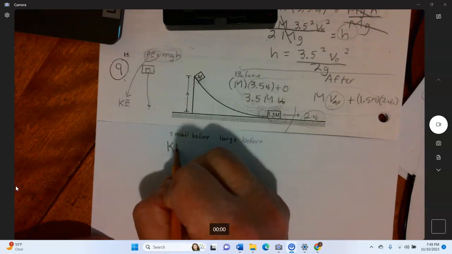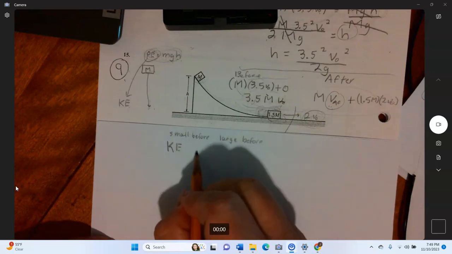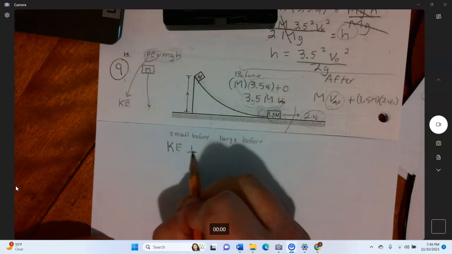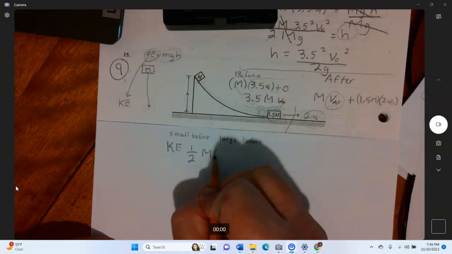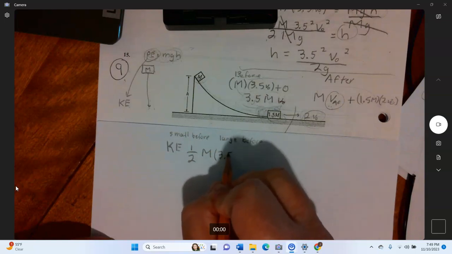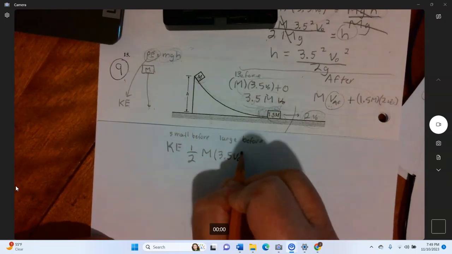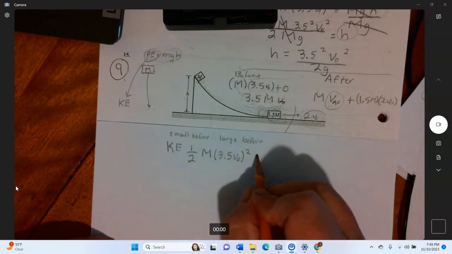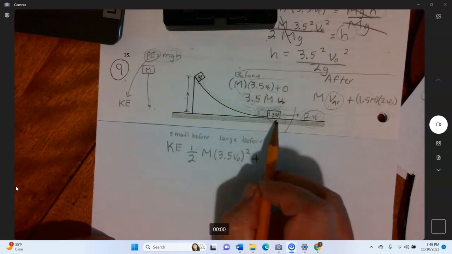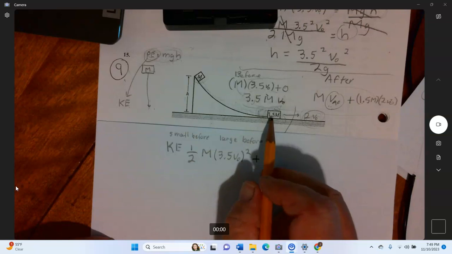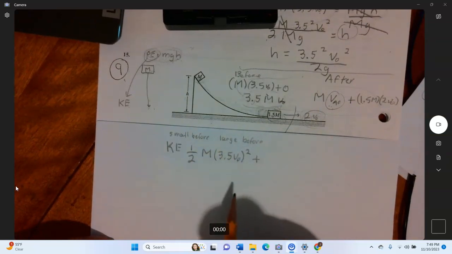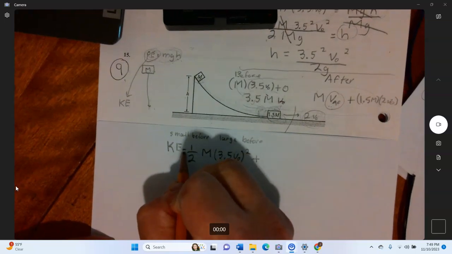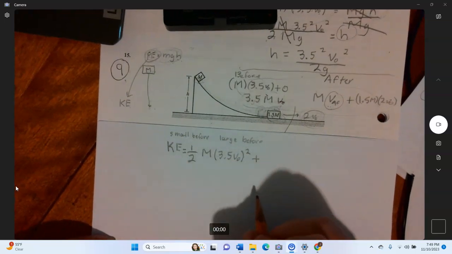So KE equals, for small, is going to be 1/2 capital M, and just before they hit, it's 3.5 v0 squared. Okay, the KE for the larger block, again, it's not moving, so you don't even have to do the calculation. The velocity is 0, so the kinetic energy is 0.